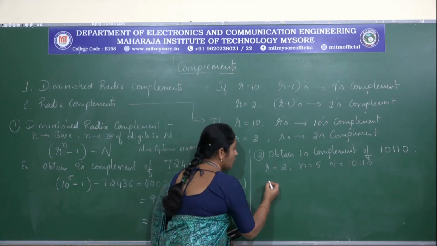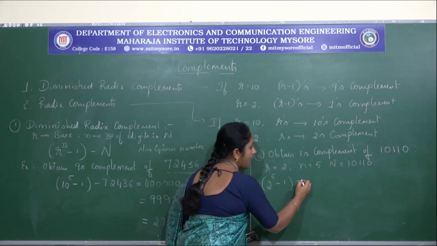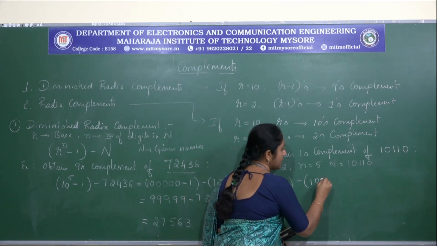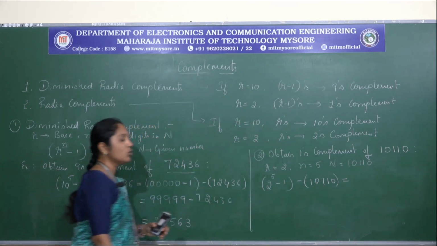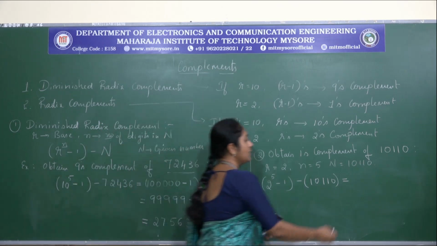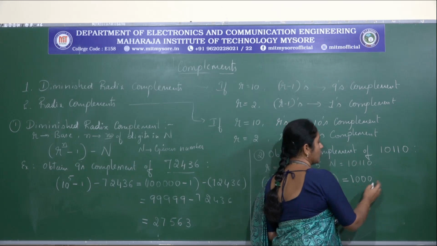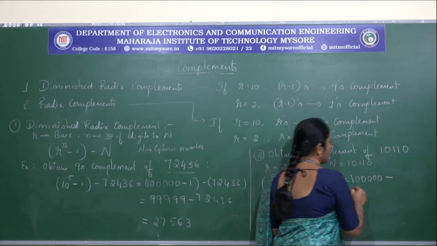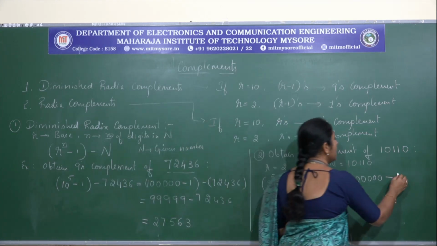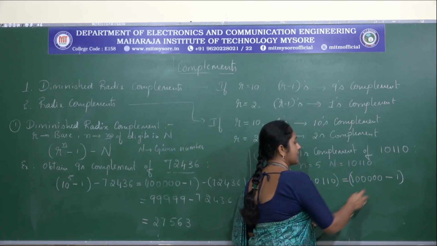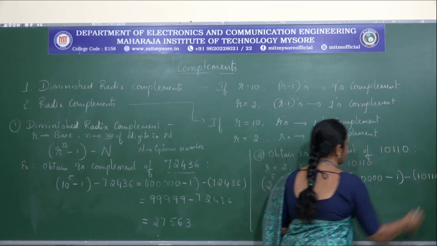Now 2 to the power 5 minus 1 minus 10110. 2 to the power 5 is 32, which we need to represent in binary: 1 followed by all other bits 0. Then minus 1, next 10110.